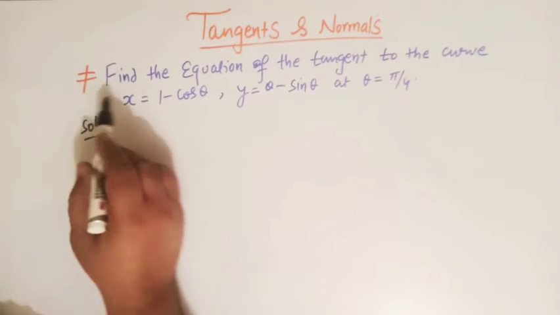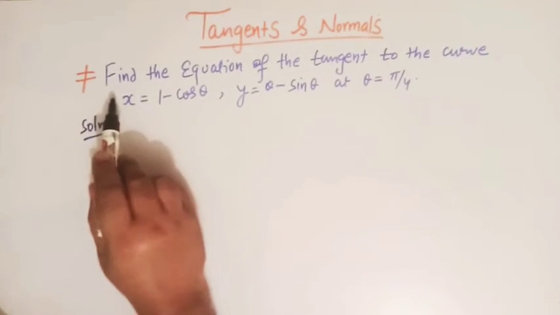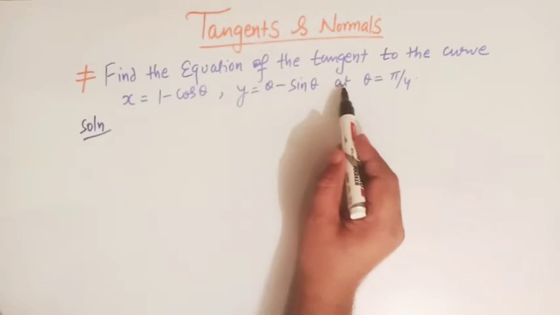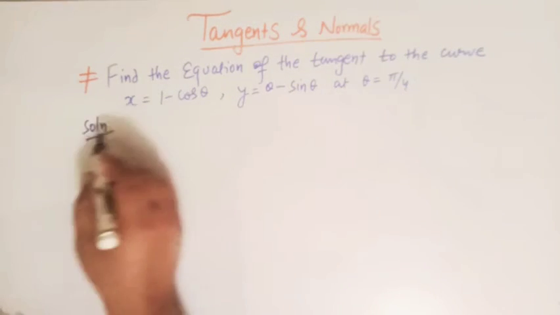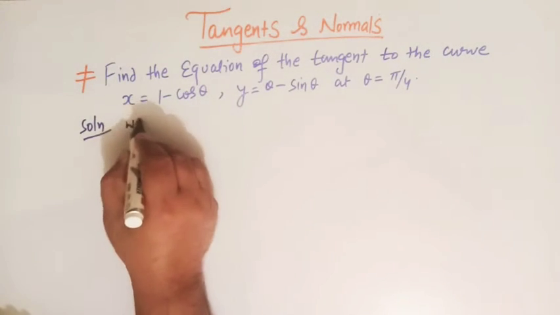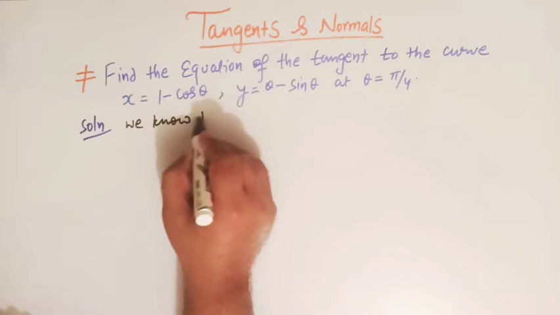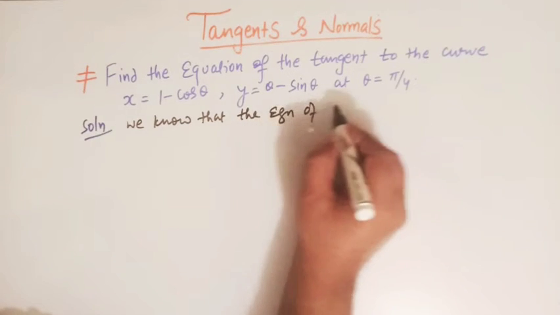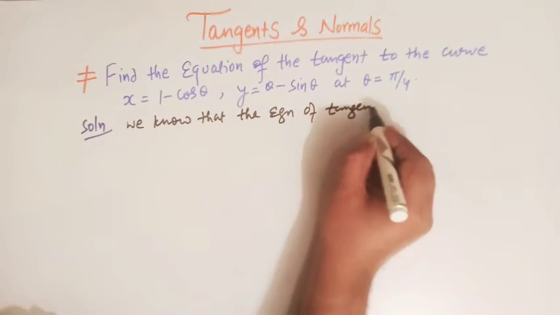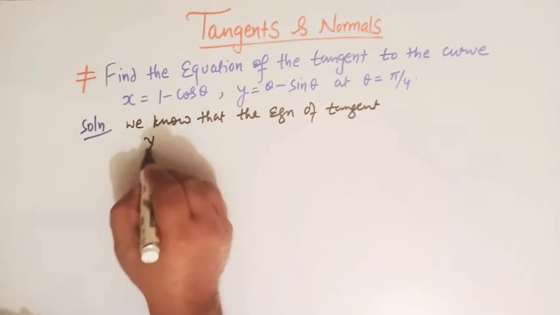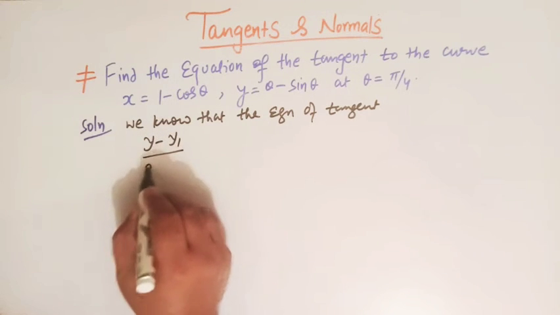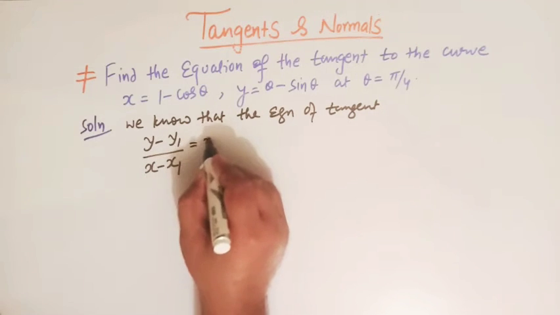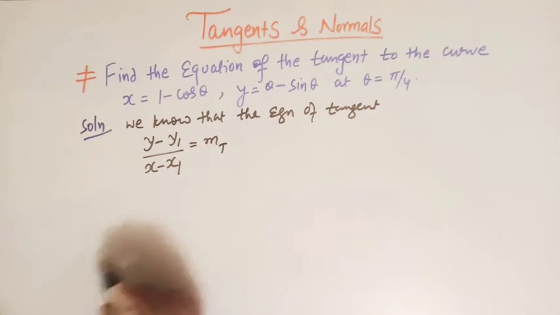Now viewers, let us take this problem. Here we have to find the equation of the tangent to the curve at theta equal to pi by 4. Now we know that the equation of tangent is given by (y minus y1) divided by (x minus x1) is equal to the slope of the tangent, right?